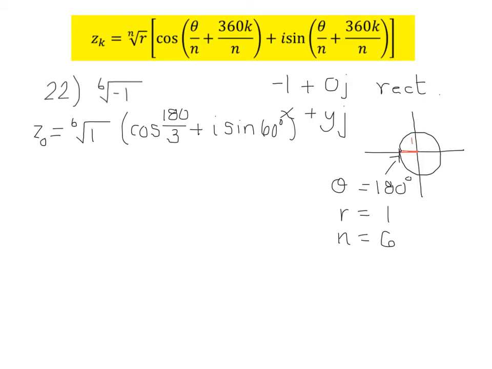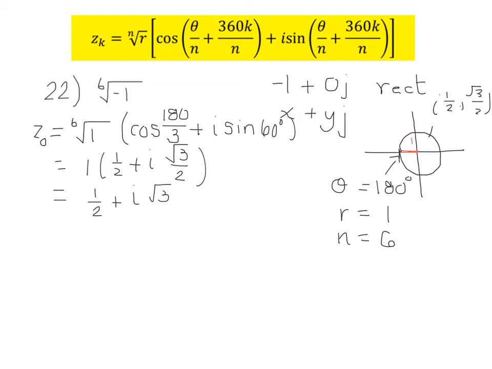Now this time we recognize 60 degrees as one of our unit circle values. On the unit circle at 60 degrees, we know our x-coordinate or cosine is 1/2. Our sine, the y-coordinate, is square root 3 over 2. So the 6th root of 1 is 1. The cosine is the x-coordinate, and the sine is the y-coordinate. So my first 6th root is just 1/2 plus I root 3 over 2.